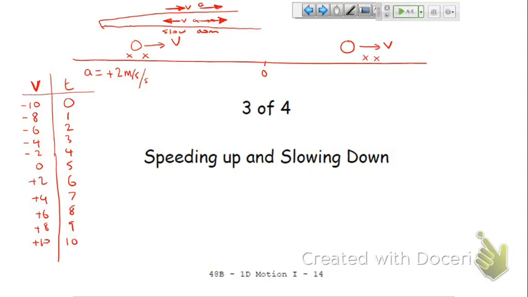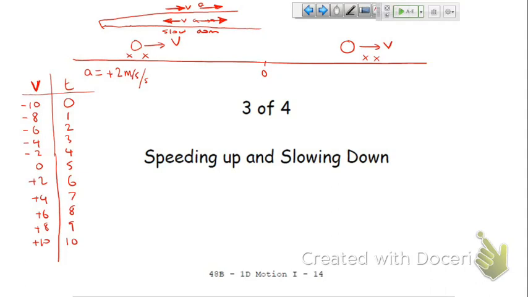I never tell you where I am on the number line. All you know is at the beginning, when the clock says 0, I'm travelling in that direction at 10 meters per second. And then I'm going a bit slower, and then a bit slower, and then a bit slower. And then at some point I stop.